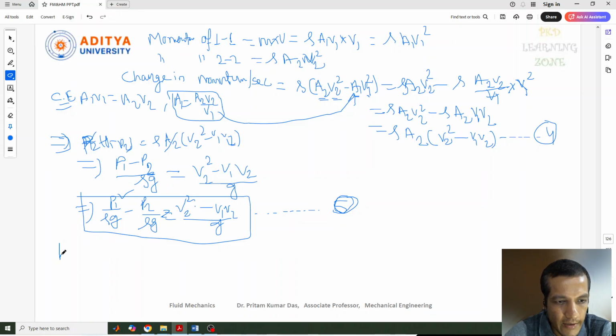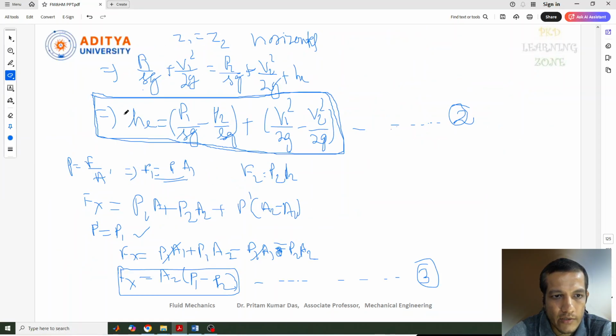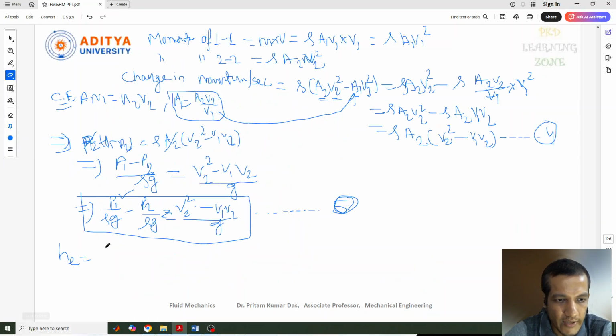So we can write HE equal to, this is the pressure difference value, the potential head, (V2 square minus V1 V2) divided by g, plus V1 square by 2g minus V2 square by 2g.